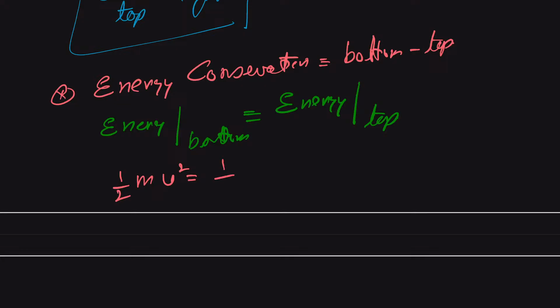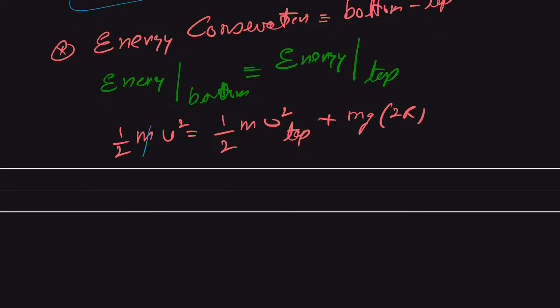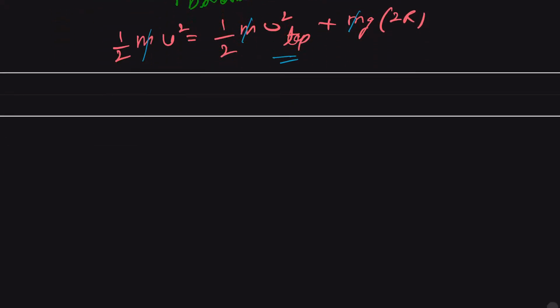At the top it is both kinetic and potential, so half m V top squared plus mg times h, which is 2r. We can cancel out m and substitute V top, so we get half u squared equals half gr plus 2gr.